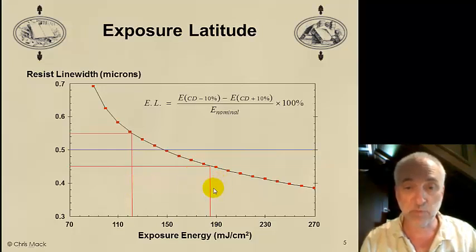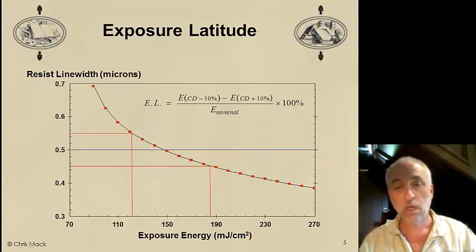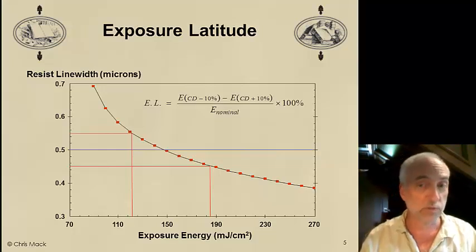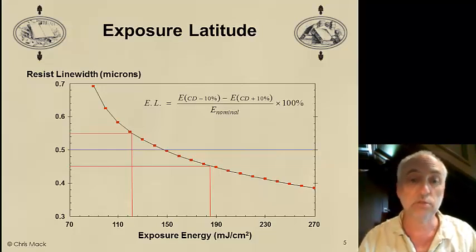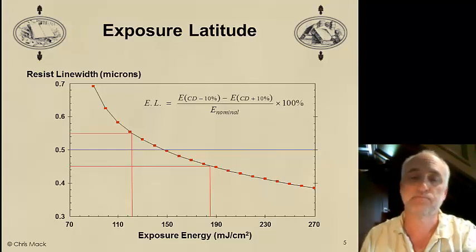This range of exposure doses divided by the nominal dose is my exposure latitude. And if I wanted to improve CD control, I could try to improve the exposure latitude, or I could try to reduce the sources of exposure error in my process.